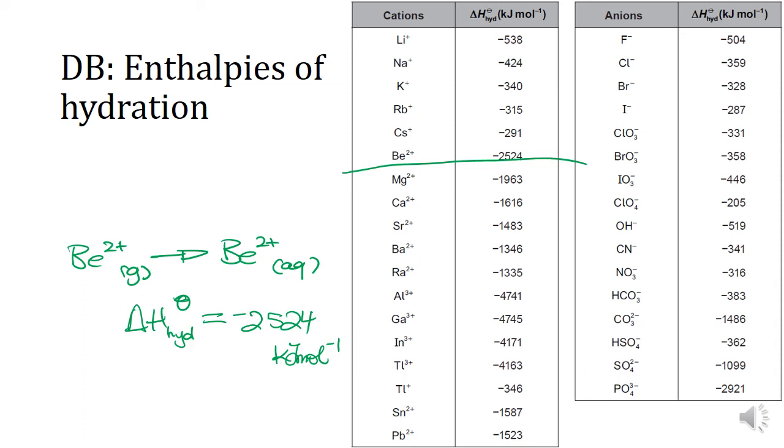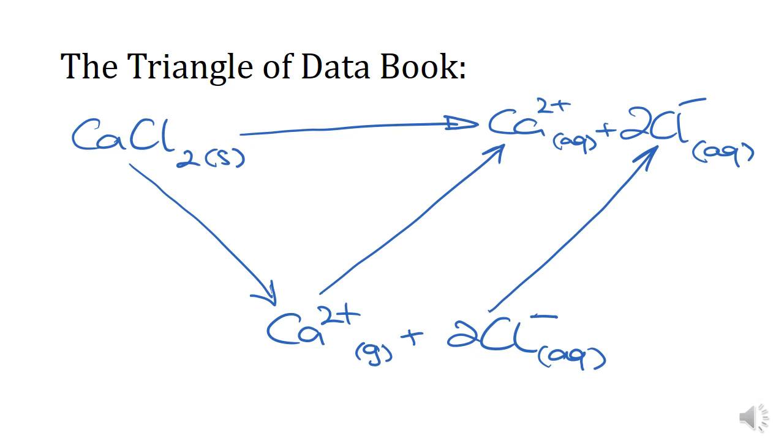So what does that do for us? What do lattice enthalpies, solution and hydration do for us? They do this for us. If I've got calcium chloride solid and it's becoming calcium chloride aqueous, that is my delta H sol.